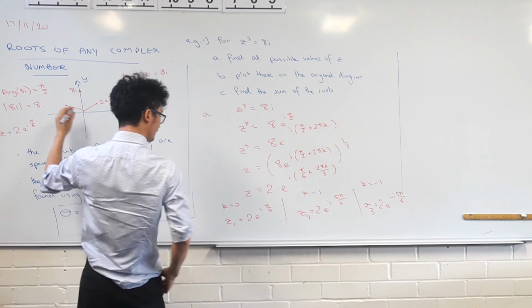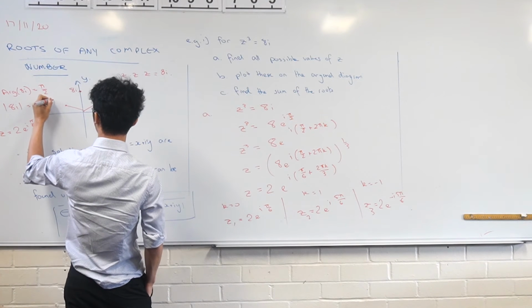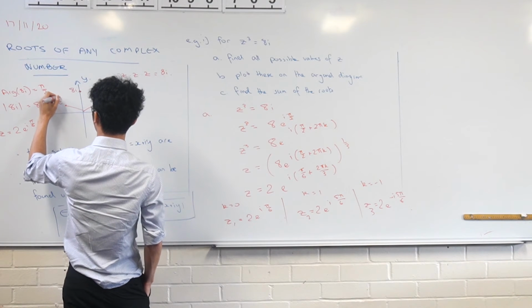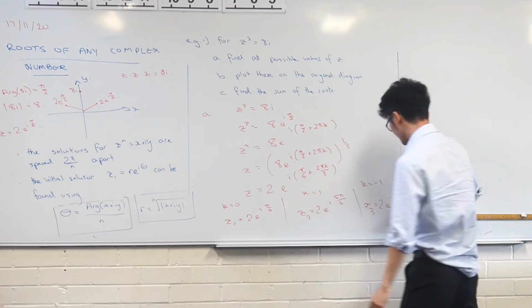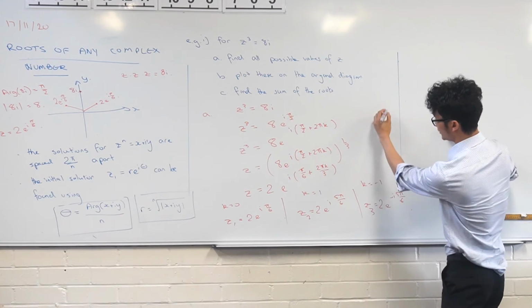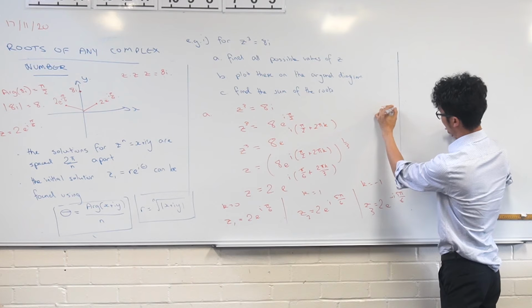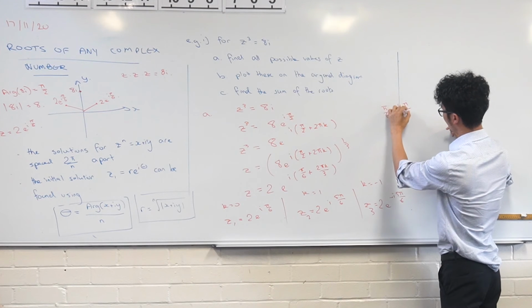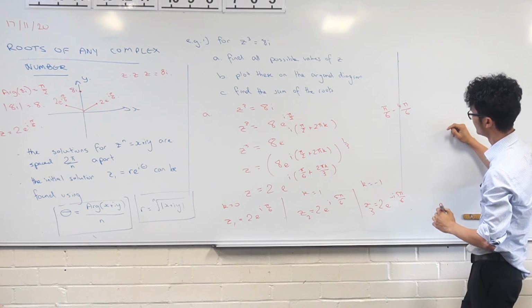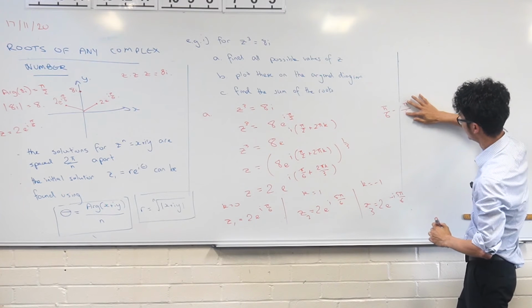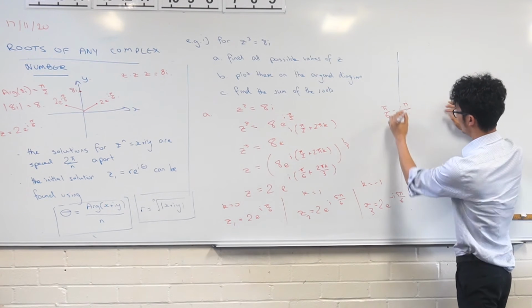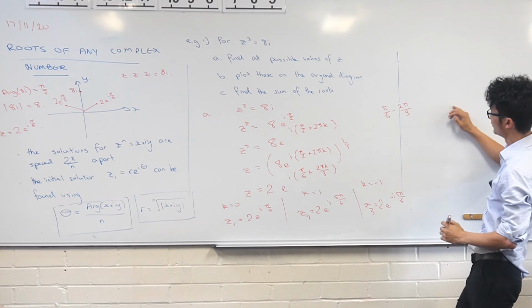So what's that? 2e^(i5π/6). And then how did we get this solution? This one here was when it was -1. So π on 6 minus 4π on 6. Wait, -1, sorry. So minus 2π on 3.